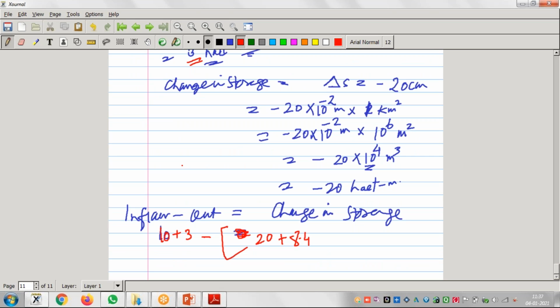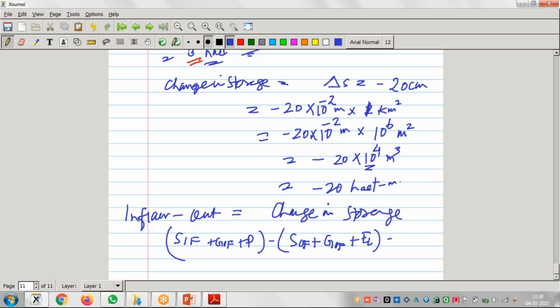Before that, I should write this formula so that it will be more clear to you. Surface inflow plus groundwater inflow plus precipitation, then minus surface outflow plus groundwater outflow plus evaporation loss, is equal to change in storage, right? Now here it is not given, and if it is not given, we will not write.